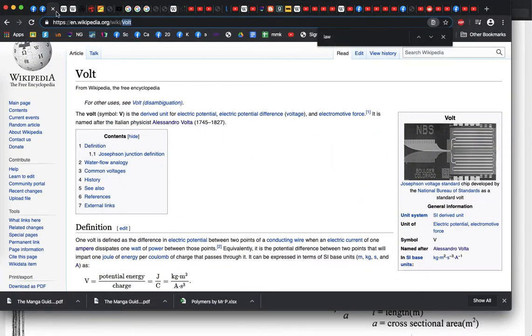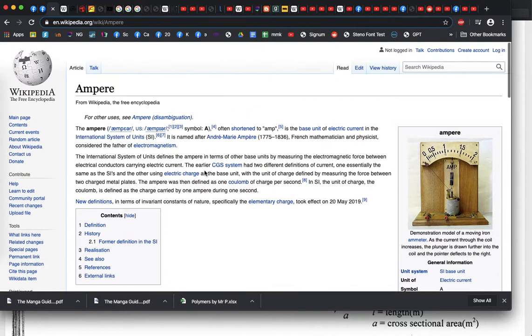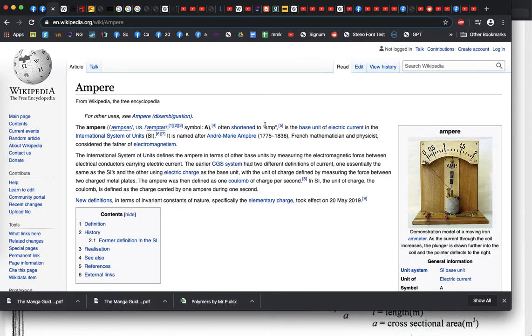So we've talked about volts, and we can close that now, I think. And we can now talk about the ampere, often called the amp. I have never heard anyone other than a physics teacher refer to this as amperes.